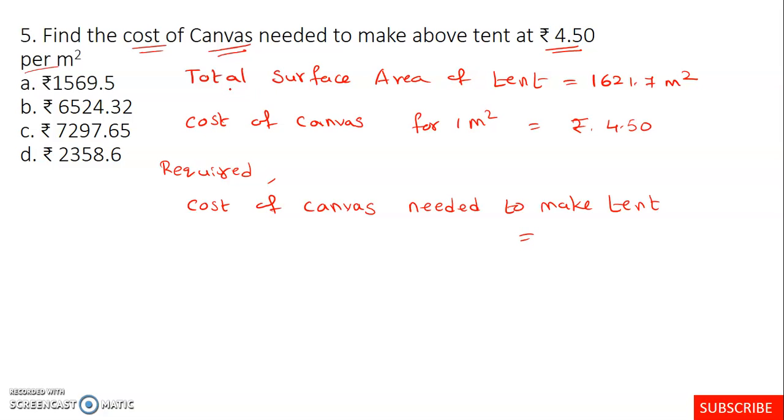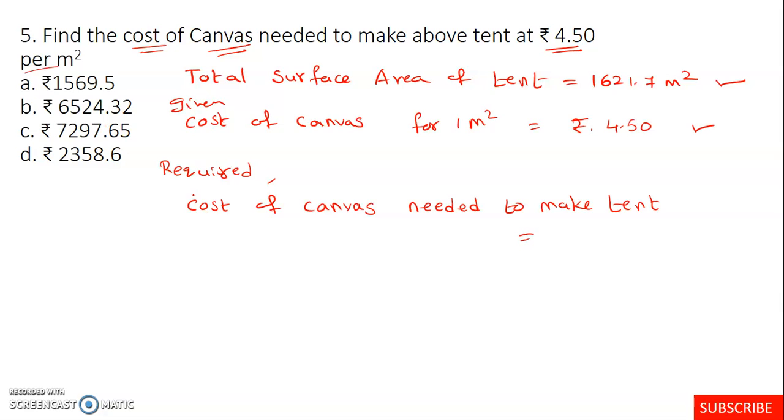First, you should write total surface area of the tent. In the above fourth question we calculated it: 1621.7 meters square. After that, what is given? Cost of canvas for 1 meter square is rupees 4.50, means 4 rupees 50 paise. It is given in the question.